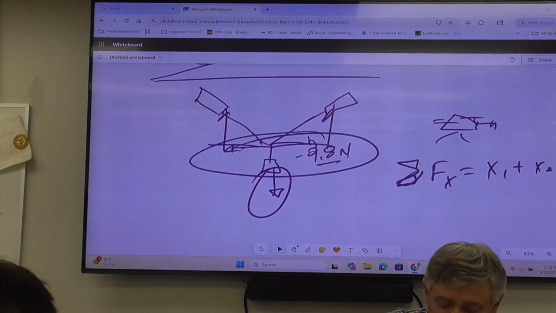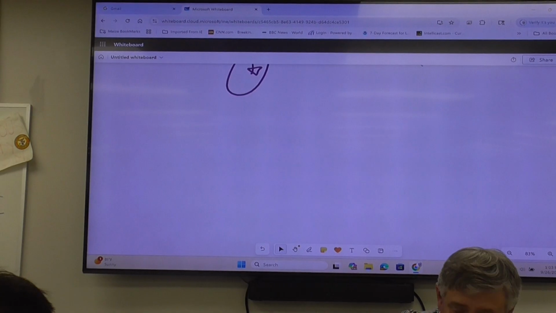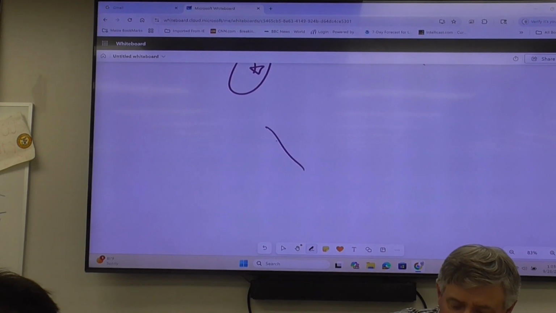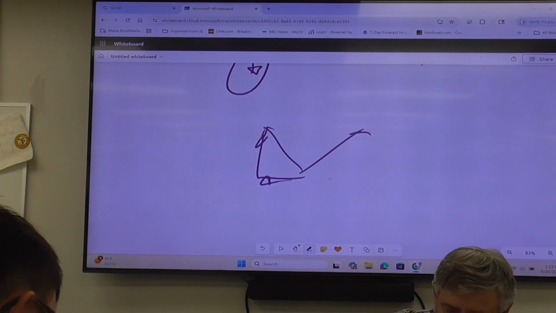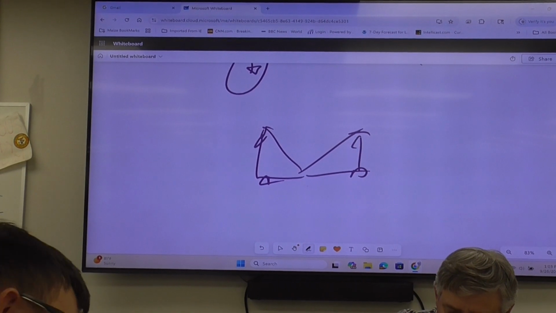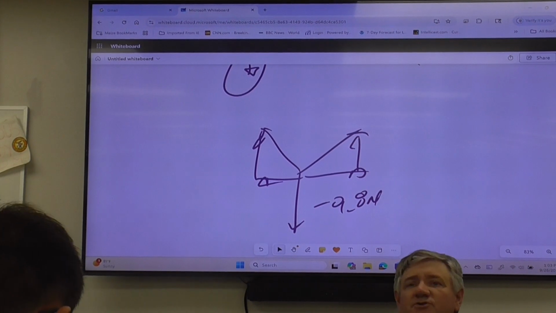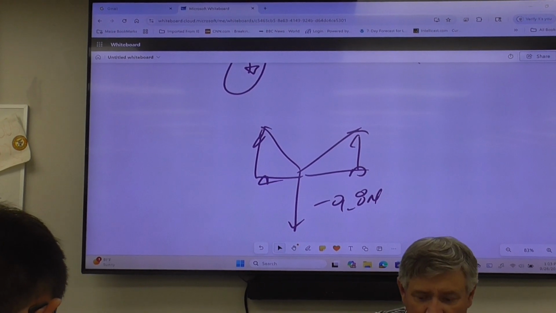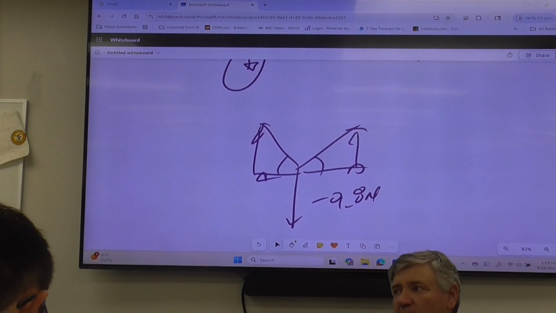So make sure on that, you only have to draw one vector diagram for the hanging sign lab. When you get done, it should look something like this. Two opposing triangles at negative 9.8 newtons, drawn to scale with a correct angle. Show me what the scale is.